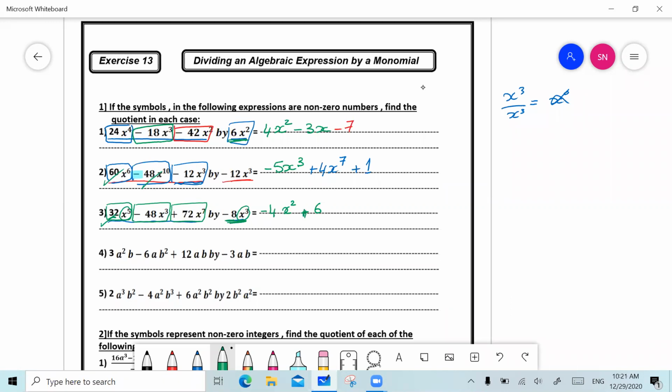And x to the power of 3 divided by x to the power of 3 is going to give me x to the power of 0, so I don't write it. I finished the second one. I now have the third one. Positive 72 divided by negative 8 is equal to negative 9. x to the power of 7 divided by x to the power of 3, subtract the powers, so it is x to the power of 4.